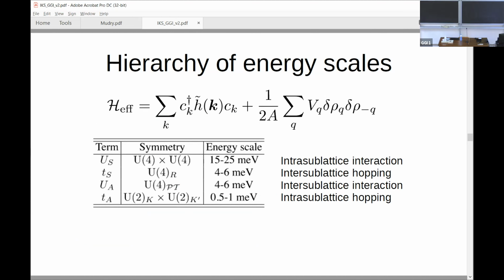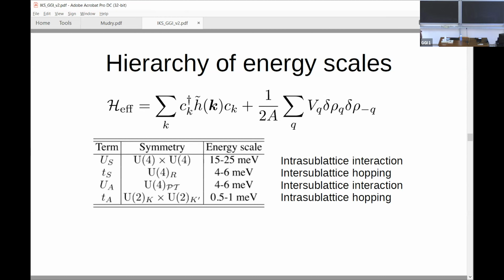There's the inter-sublattice hopping, which breaks the particle-hole symmetry. And there's the inter-sublattice interaction, which breaks the chiral symmetry. Both of these break down the U4 cross U4 to individual U4s. And then finally, if I include the intra-sublattice hopping, then I break both particle-hole and chiral symmetry and end up with just the U2 cross U2 of the continuum model.